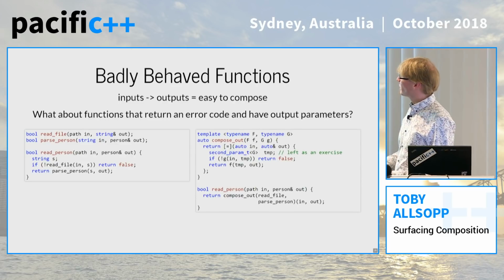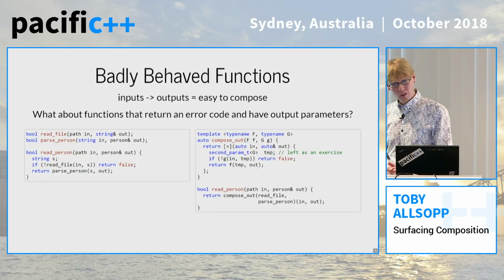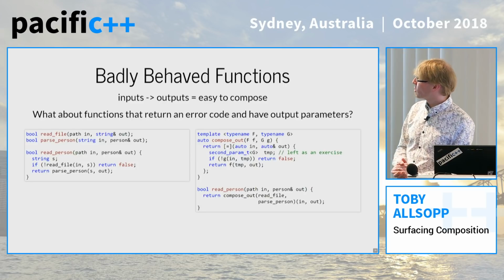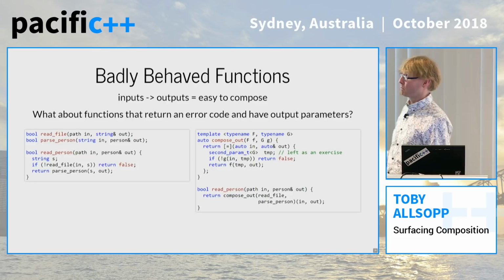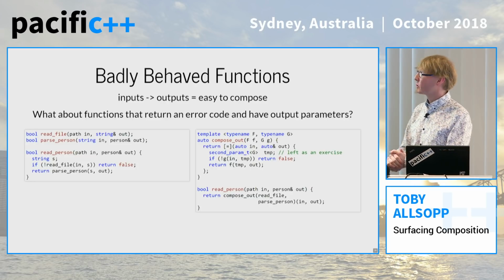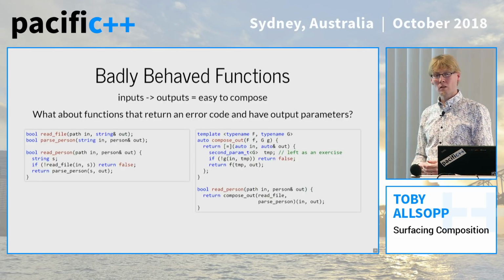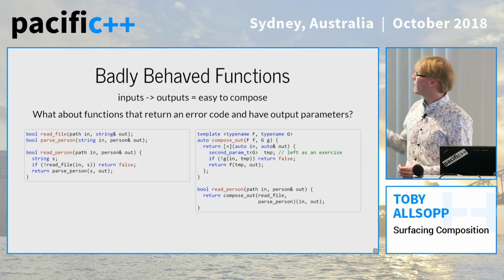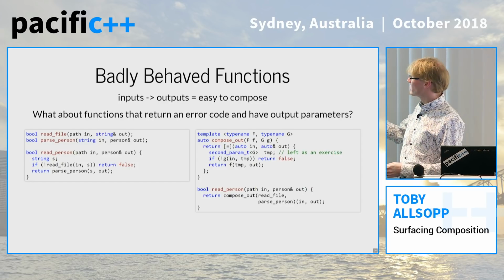So what we can try to do is apply the same principles to bring the composition of those two functions to the surface, if you like, to call it out. So we can make a higher order function. I've called it compose out because it works with these particular sorts of functions that have output parameters. So we start with taking two parameters.